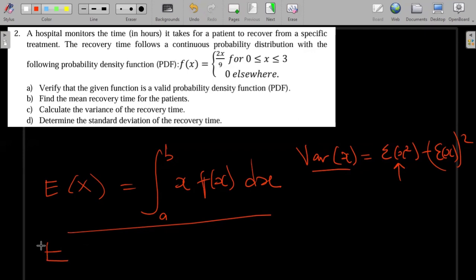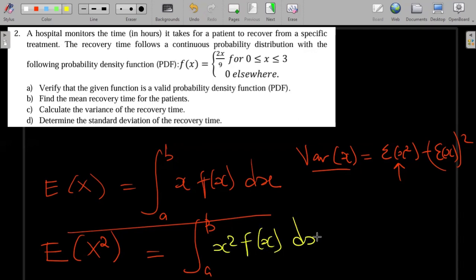It's the same integral as above, but where there's x, we put x squared, then our function f of x and dx. And then we know that the standard deviation is always the square root of this same variance.